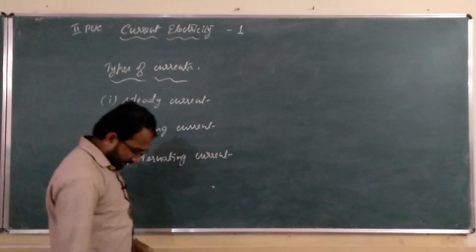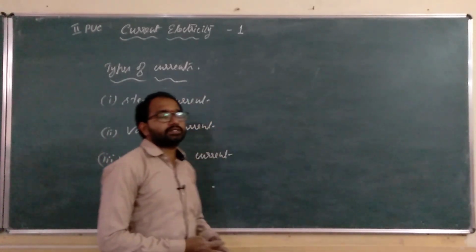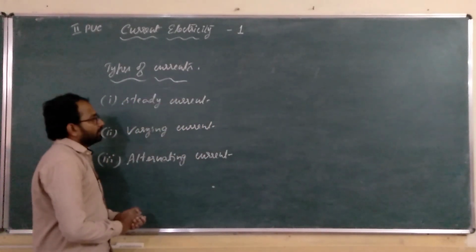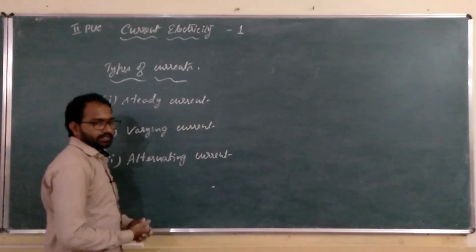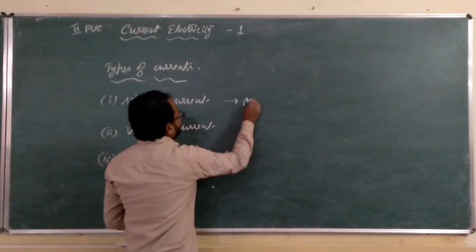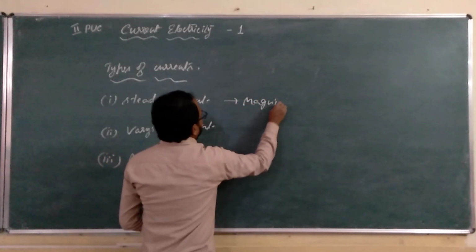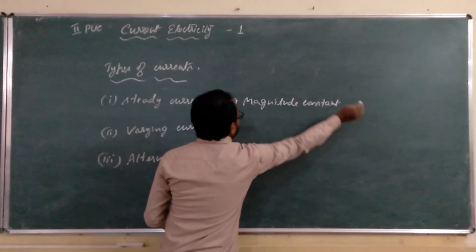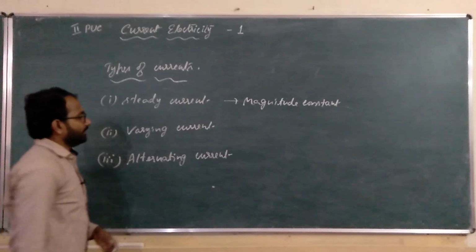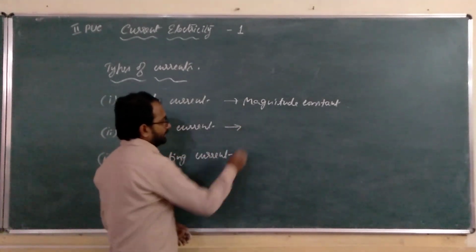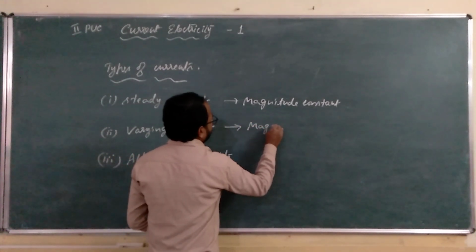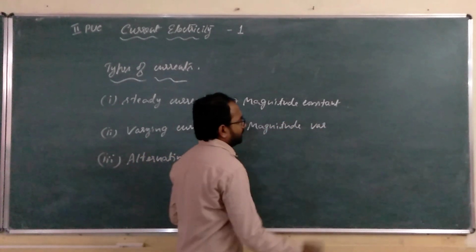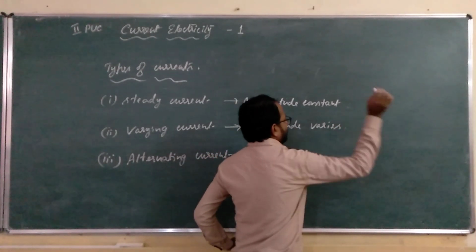What do you mean by steady current? If the magnitude of a current is not varying with respect to time, it is constant, then such current is called steady current. What about varying current? Here the magnitude of current varies.